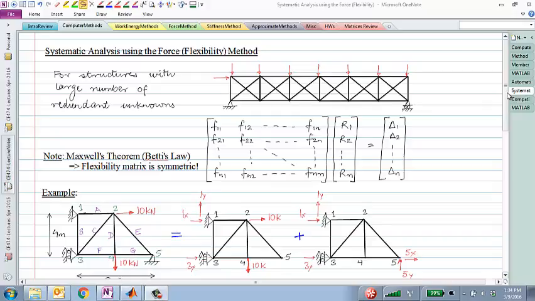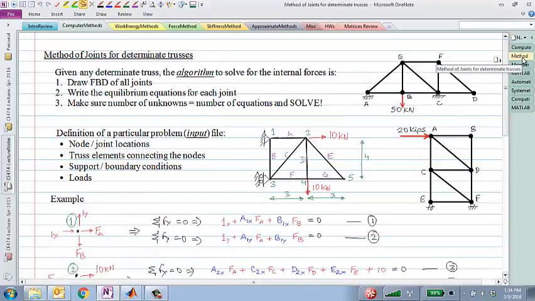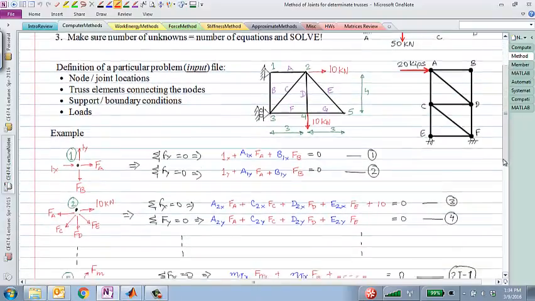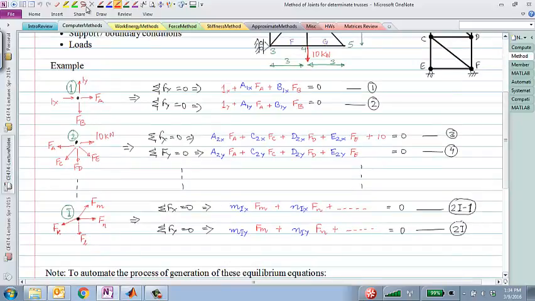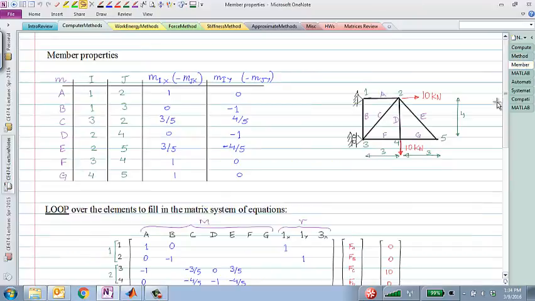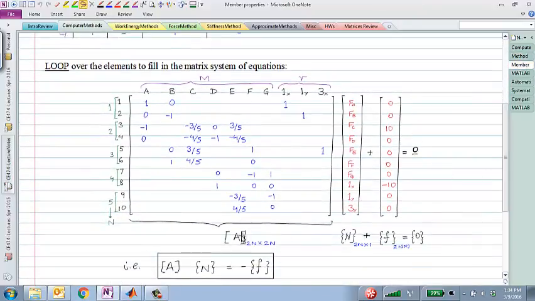Okay, so what I'll do is I'll very quickly remind you how we got to this point. We had been talking about this method of joints for determinate trusses. And I told you that essentially the algorithm for this method of joints is to sequentially draw the free body diagrams for all the joints, write out the corresponding equilibrium equations, and convert this set of equilibrium equations to a system of linear equations that looks like this.